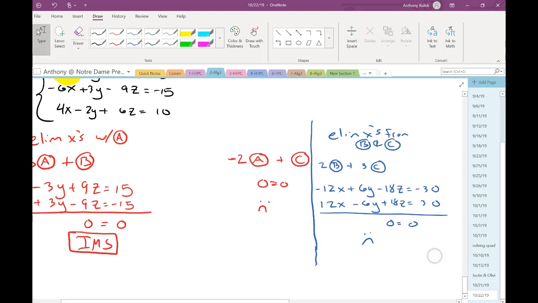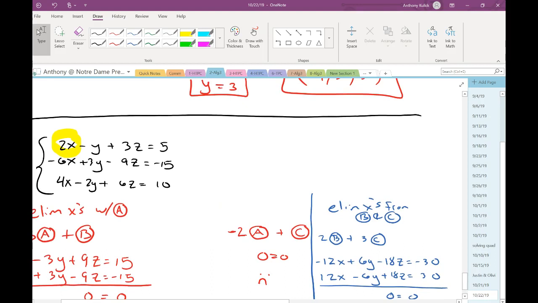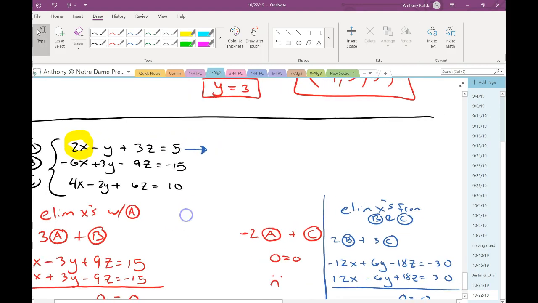Alright. Well, so what this tells me then is both equation A and equation B and equation C are basically the same equation, which is really kind of irritating.